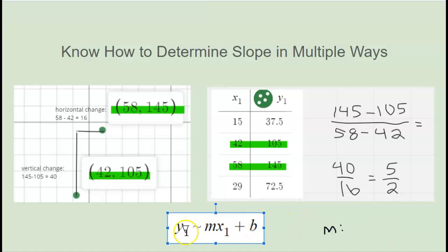So if you put this equation in Desmos after you had this table in Desmos, it would tell you that the slope is 2.5. But please know how to do all three ways. Don't rely on technology. Use technology as a tool, but know how to calculate it with your own brain and your own two hands as well, and your eyes.